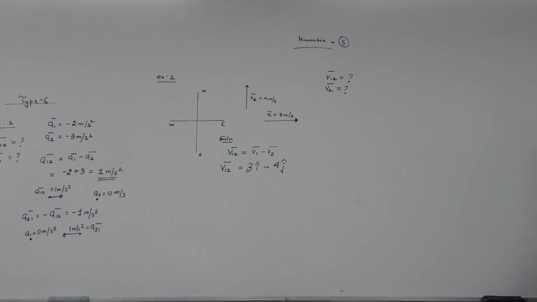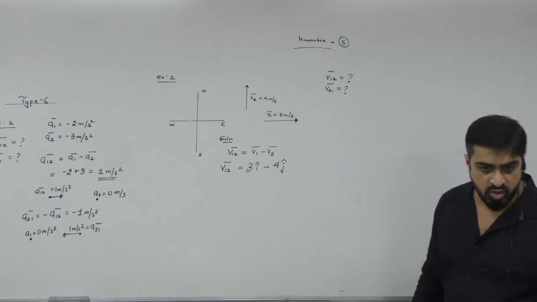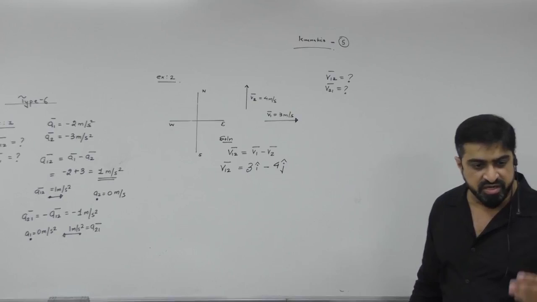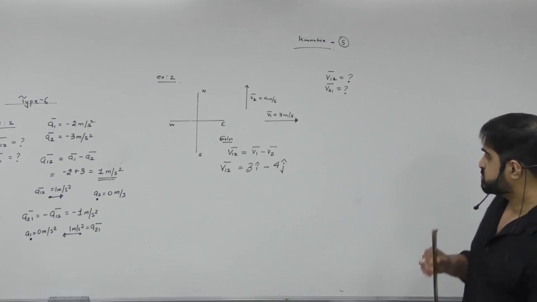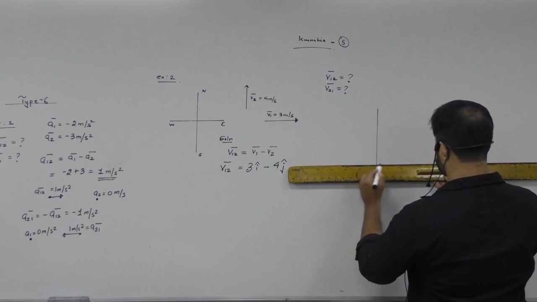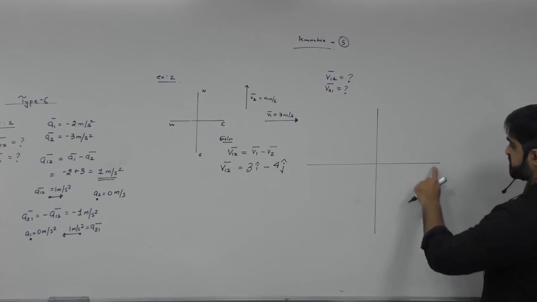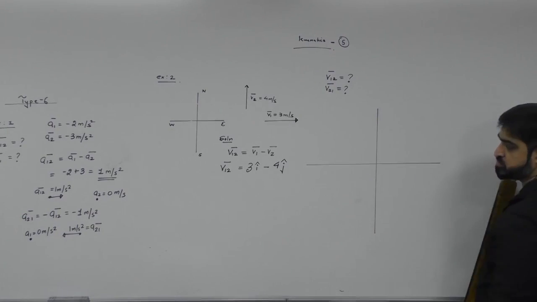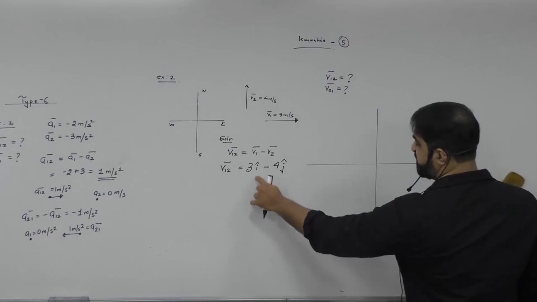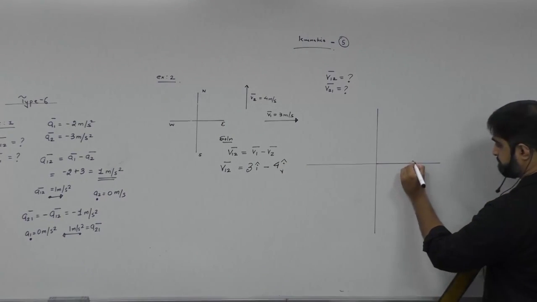Okay. You can do it either by triangle law or by parallelogram law. I am doing it by parallelogram law. You can try it by triangle law at home. This is the thing. East, west, north, south, same thing. 3 I cap, if I want to draw, this is 3 I cap.